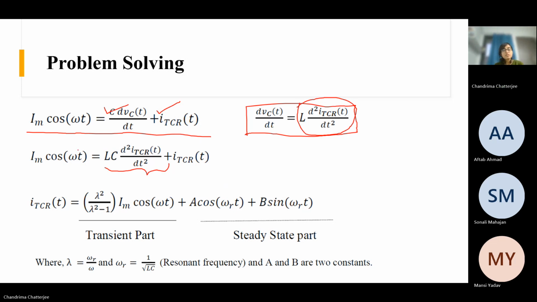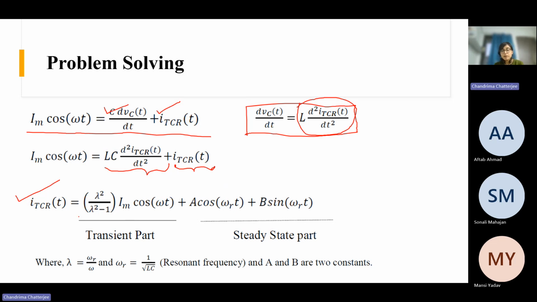So this is LC d square ITCR by dt square, and then this is as it is. I am not going into the derivation, which you will already get in the lecture notes and the lecture videos. So this is a second order differential equation, and if you solve it, you will get an expression like this.